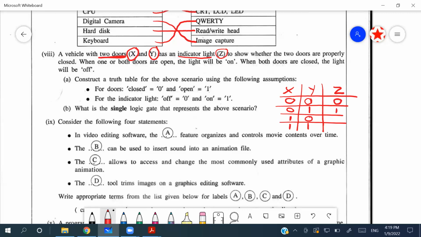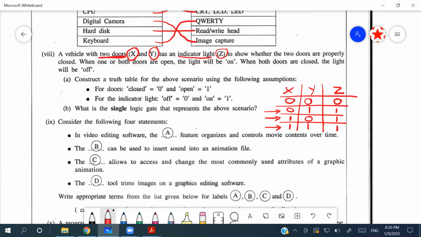In all other scenarios, it's going to be 1, because here the door Y is open, here the door X is open, here both the doors are open. Right? So this is going to be your truth table, which will give you 1 mark.